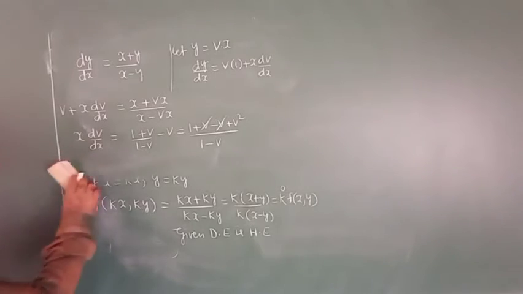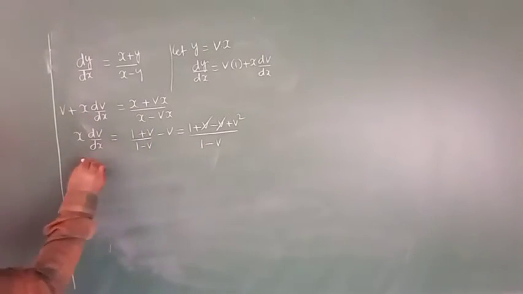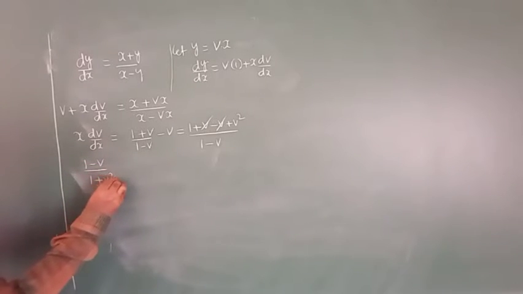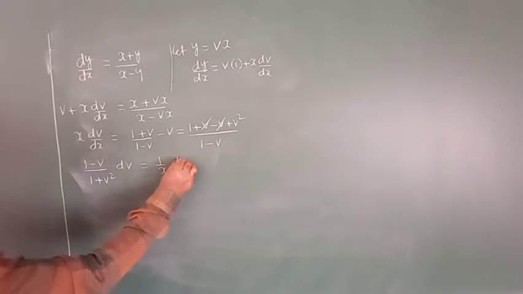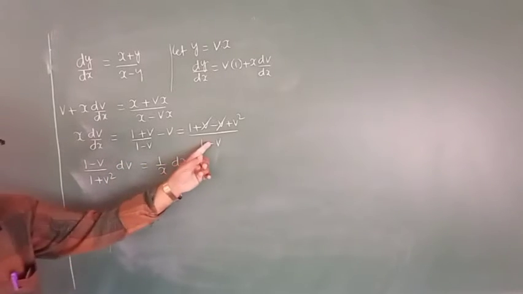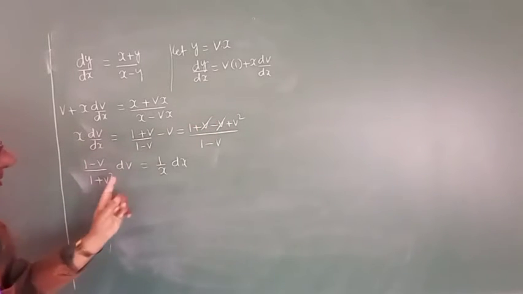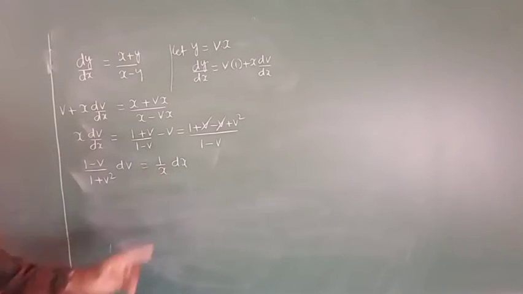Now separate everyone. (1 minus v) by (1 plus v square) into dv is equal to 1 by x into dx. This come on the right hand side, (1 minus v) by (1 plus v square) dv. x dx come on this side.